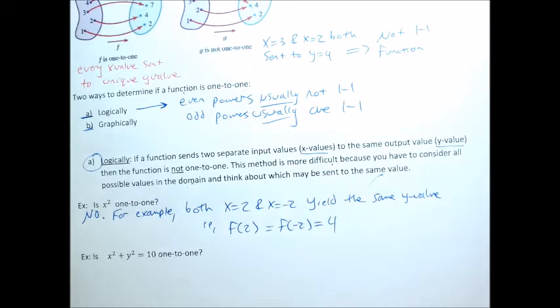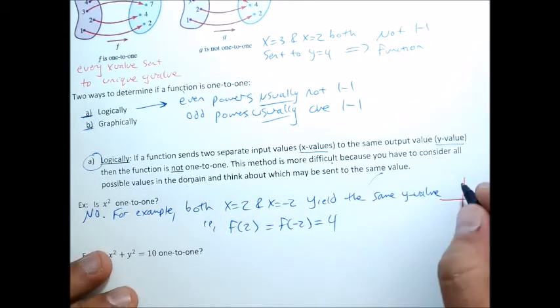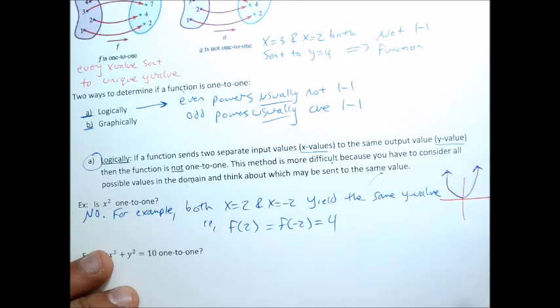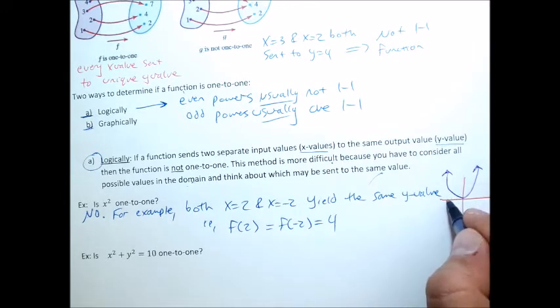And so visually, what that looks like is this. This is what x squared looks like. It's not the best drawing of x squared, but you can see it's symmetric with respect to the y-axis. And it doesn't matter whether we plug in a negative x or a positive x.